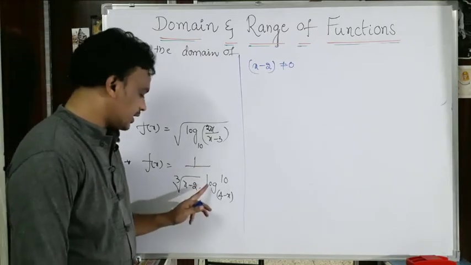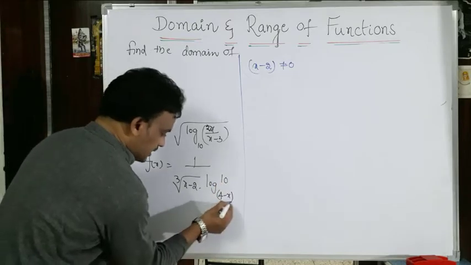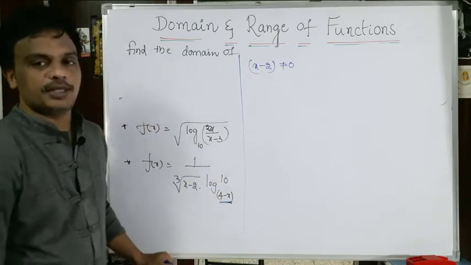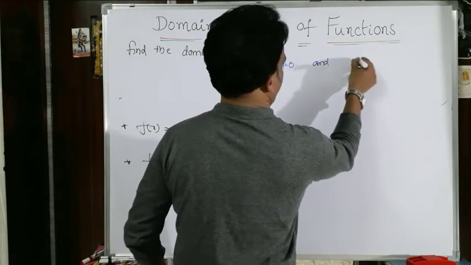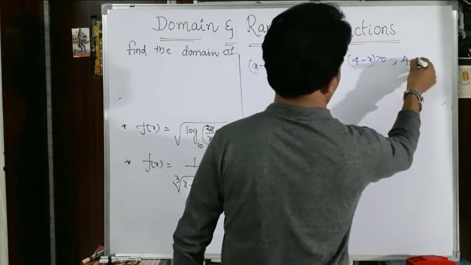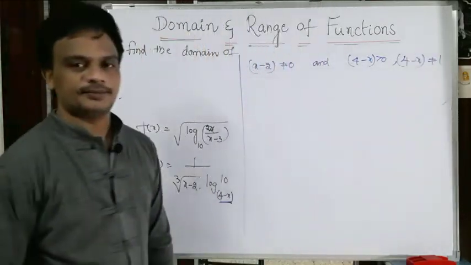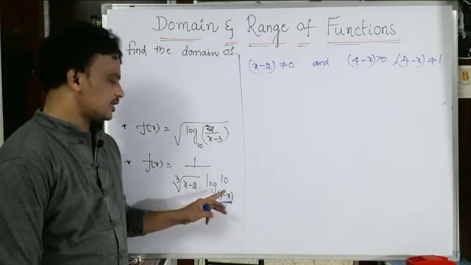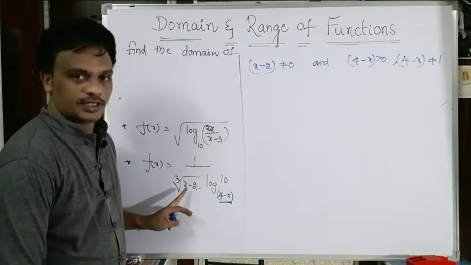And one more condition here: the logarithm number is already 10, which is positive, but what about the base? What are the conditions for the base of a logarithmic function? So, here I can write, the base 4 minus x should be positive, and the base 4 minus x is not equal to 1, right. Please observe this condition, according to these conditions, then only this function will exist.